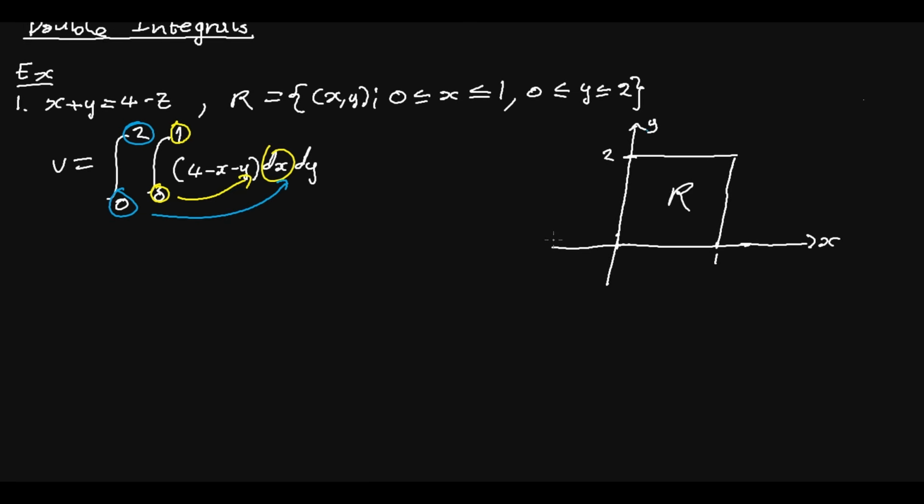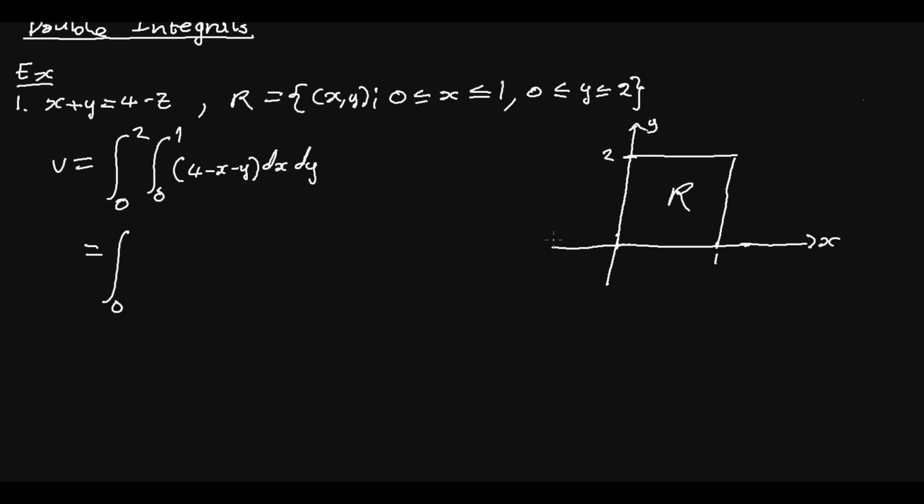So basically, if we have this dy outside, therefore the y limits must be on the outer integral. So too, if the dx is inside, therefore the limits along the x-axis, they must come first. Right, so let us try to solve this one then and see what we get.